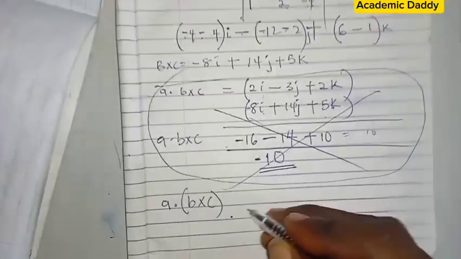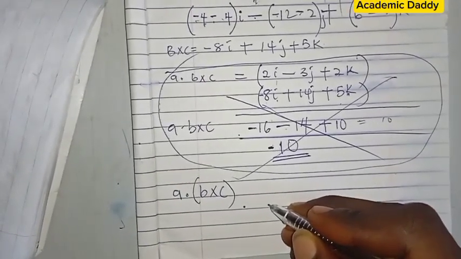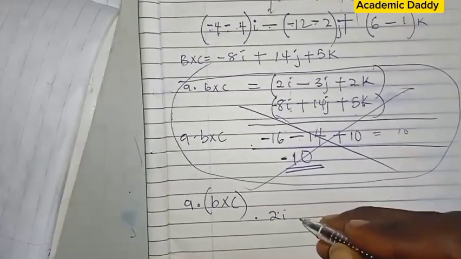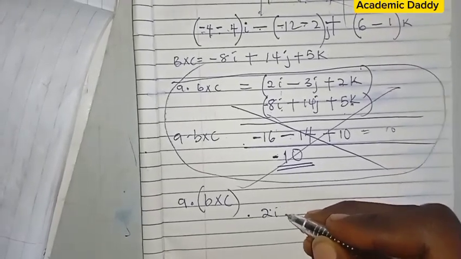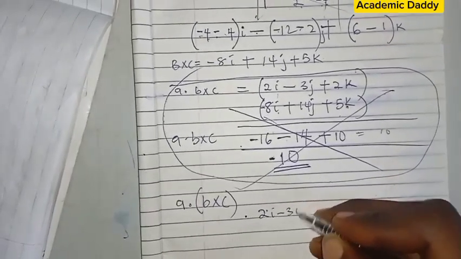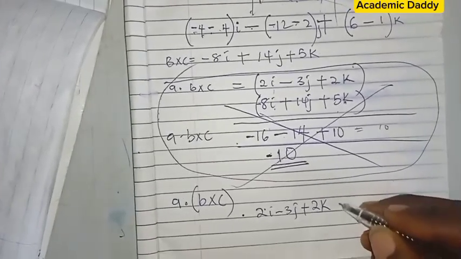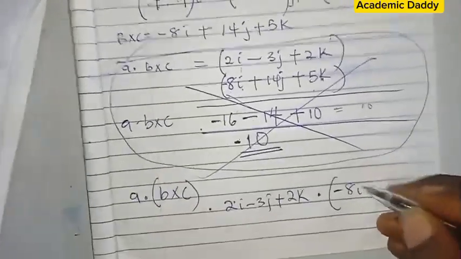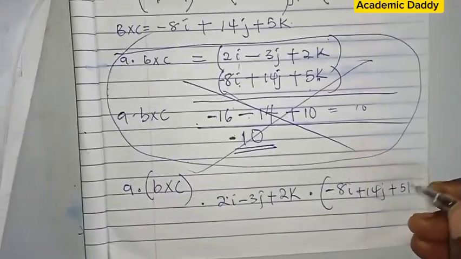Please note it. Since we've gotten B cross C, to get A dot B cross C now, we'll just do the value of A, which is 2i minus 3j plus 2k, then dot minus 8i plus 14j plus 5k.